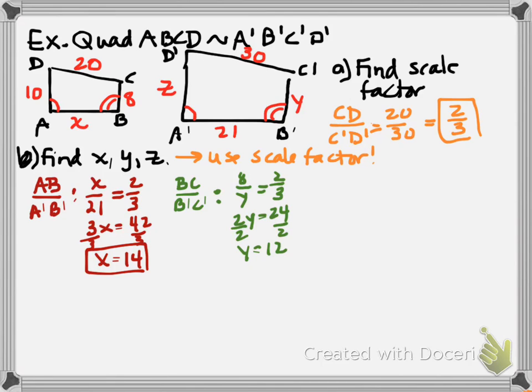And then we go to z, and z is that AD and A prime D prime. So AD is 10, A prime D prime is the z, and that's the same as the scale factor of 2/3. So we do cross products and we get 2z equals 30, divide by 2, and we get z equals 15.